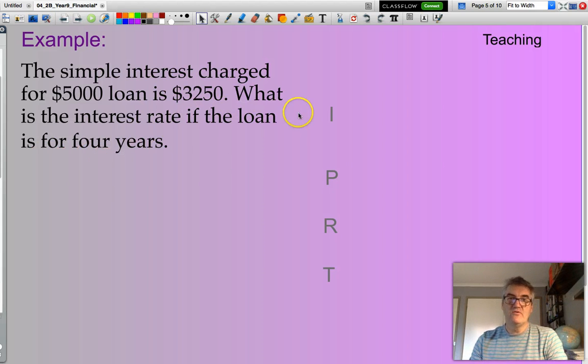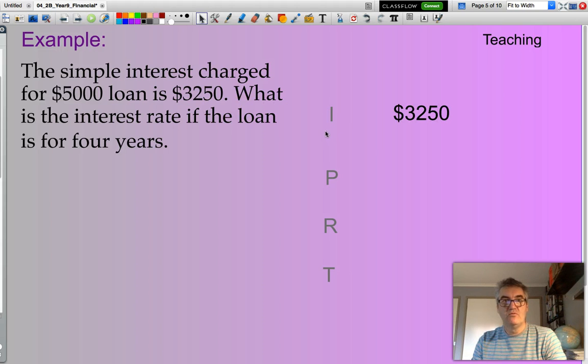Now, what I do is I list all my variables: I, P, R, and T. Then I try and identify from the question what the values are. The interest is $3,250.